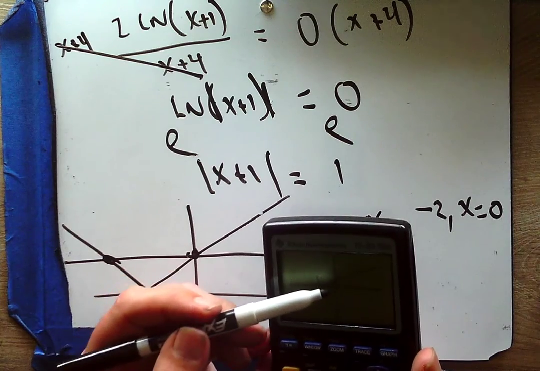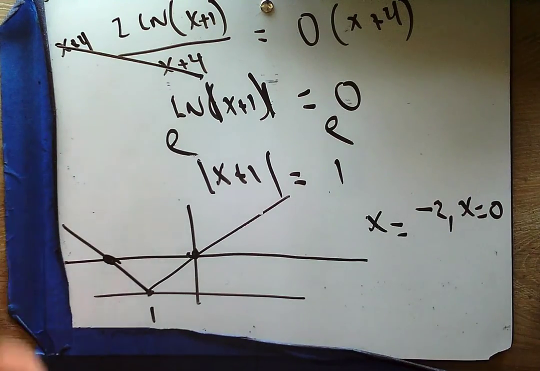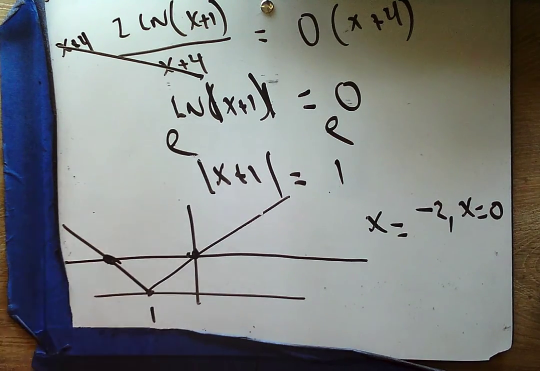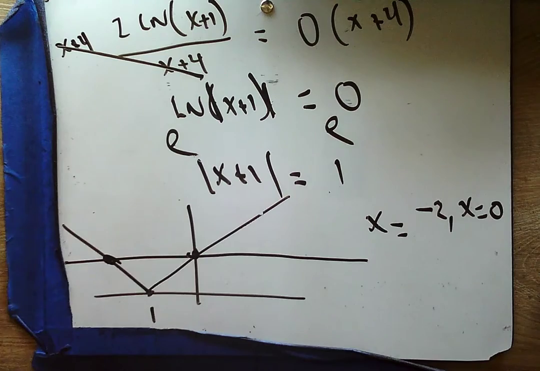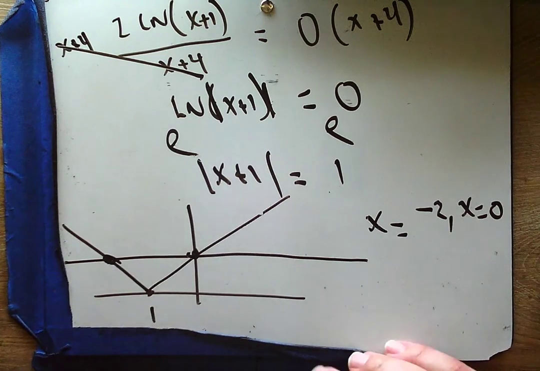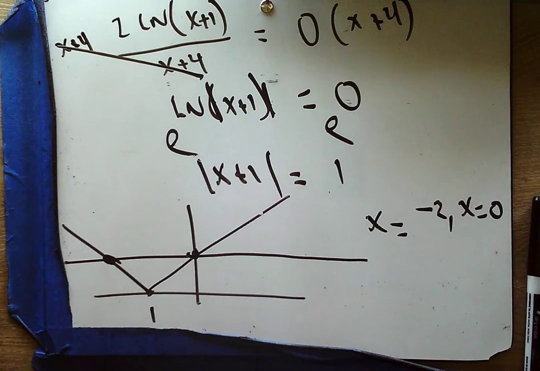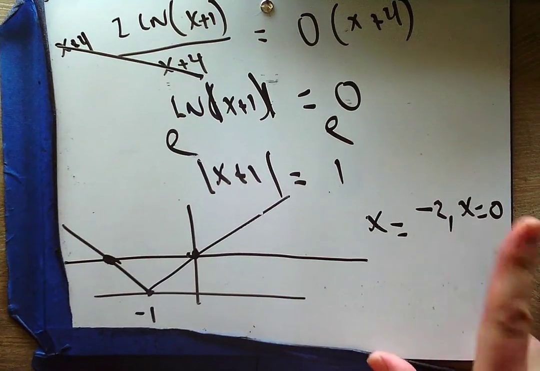I mean, a horizontal tangent. I don't see a horizontal tangent at 0, though. Huh. Well, let's think about this. That worked. That didn't work.